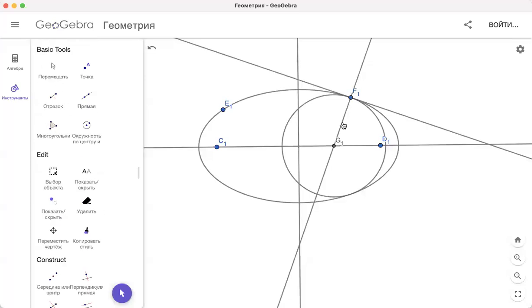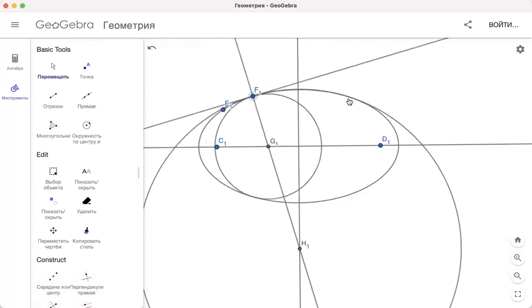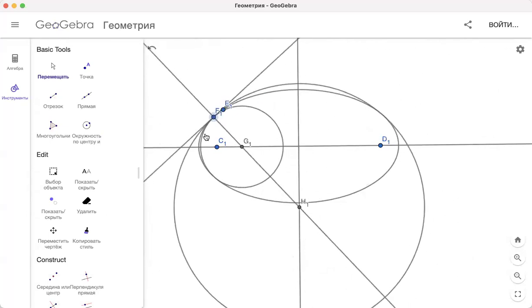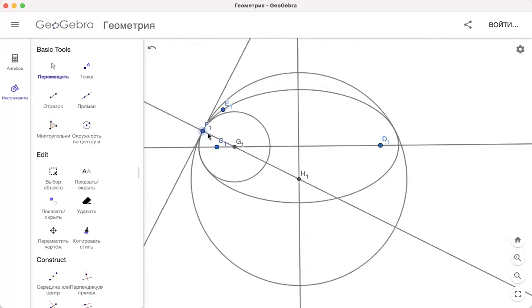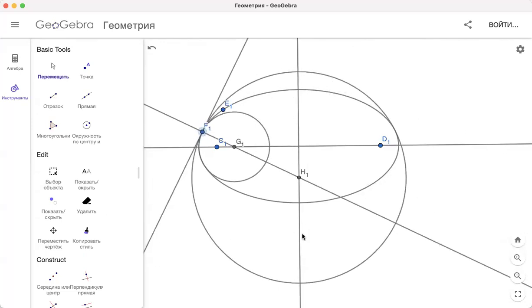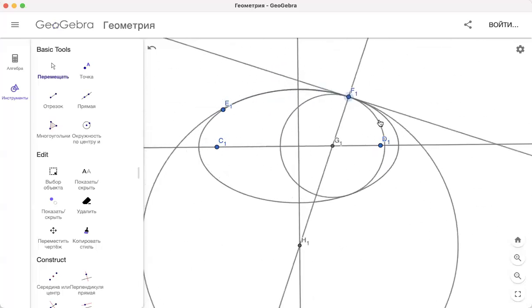A circle and an ellipse have two tangency points. There is another family of circles, doubly tangent to this ellipse, with centers lying on the minor axis of symmetry of the ellipse. So you have two families.